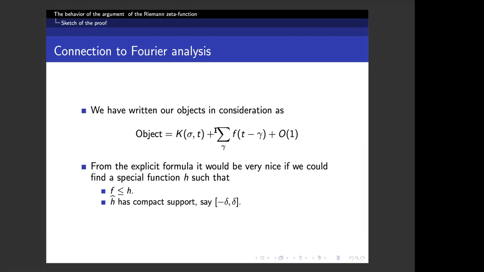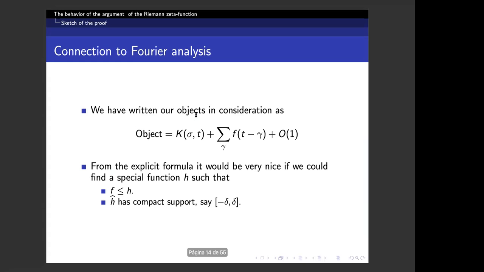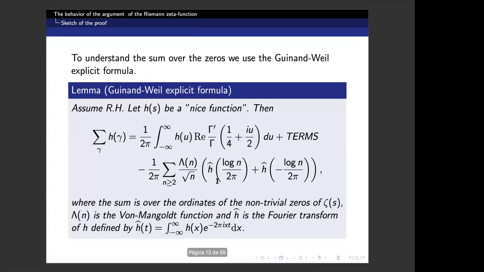If we want to understand this sum, it will be very nice if we can replace this function f by a function h. If this function h is a nice function, we can apply the Guinand-Weil explicit formula. This is the idea. Another condition that we want is the following.